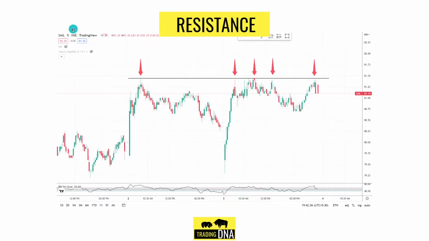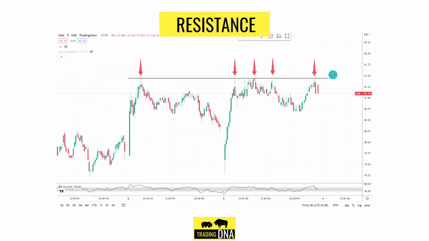Moving on to resistance, now we are going to learn what is resistance with a real-time example. This is the stock of SAIL, and as you can see here, the price goes up, and at this point gets a reversal and comes down, and at this point down again, and again down, and again down. What it means is there is some resistance for the price to move further higher.